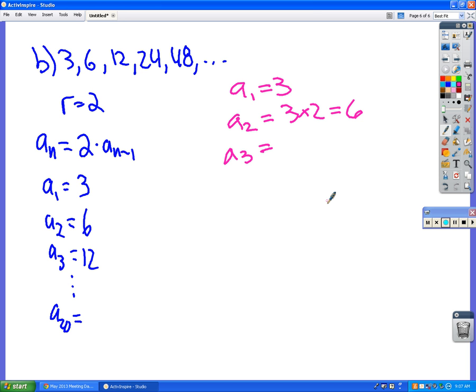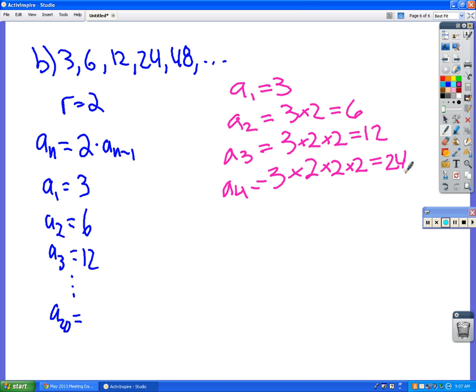Multiplied it by 4, which is the same as multiplying by 2 twice. So I went 3 times 2 times 2, which got me 12. To get A sub 4, I went 3 times 2 times 2 times 2, which got me 24.